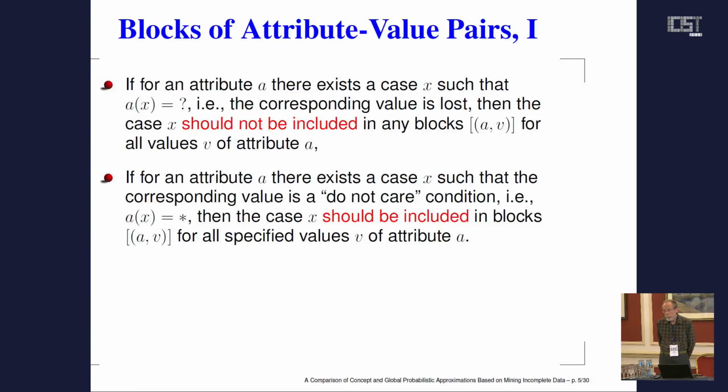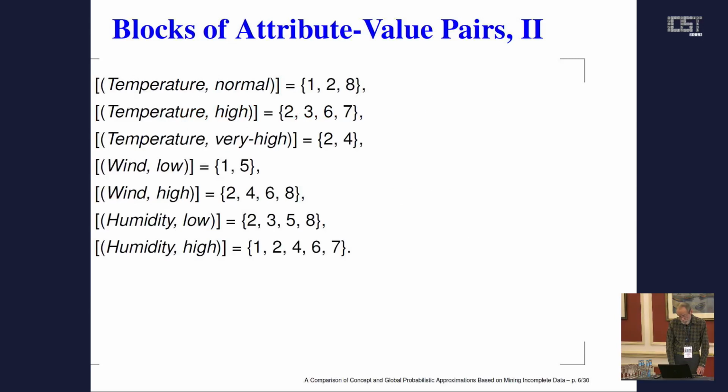The basic tool used here is the block of an attribute-value pair. This is a way to distinguish between lost values and don't care conditions. For lost values, a block is defined in a completely different way than for don't care conditions. So it is a very simple idea to incorporate semantics into managing missing attribute values.